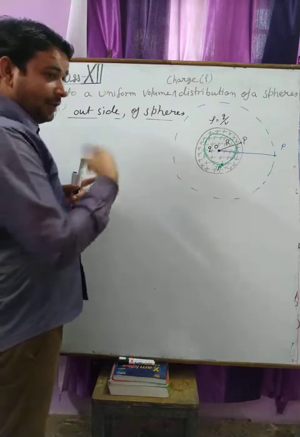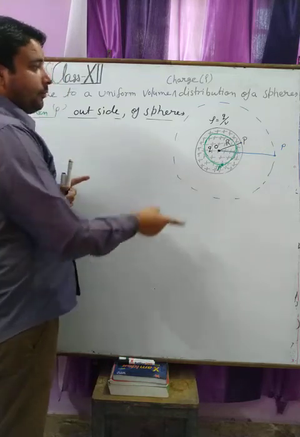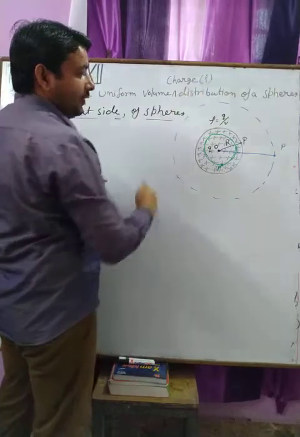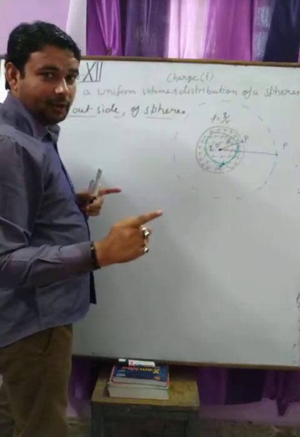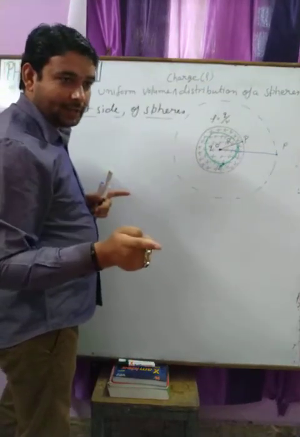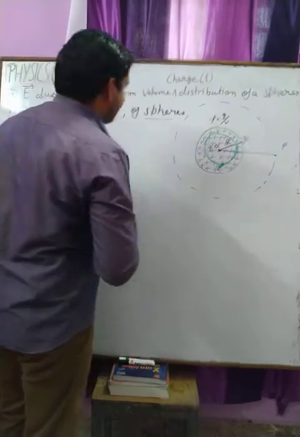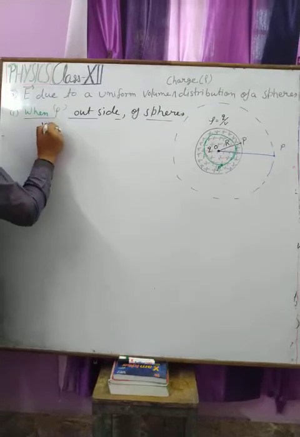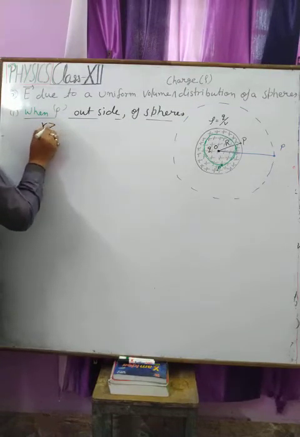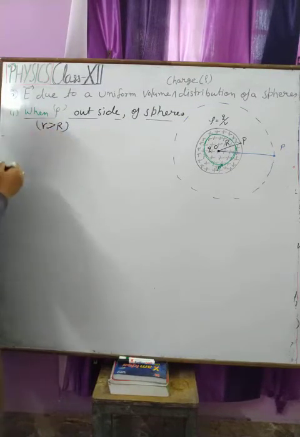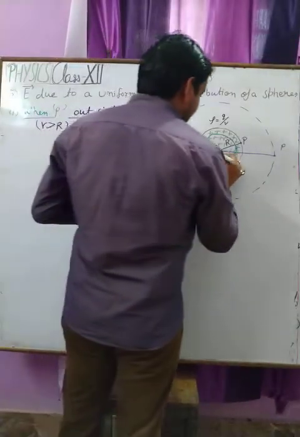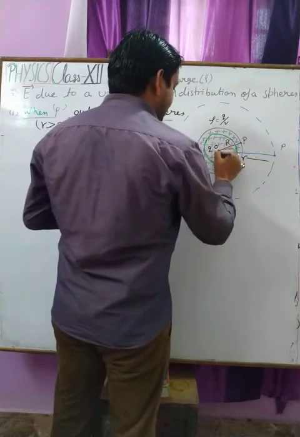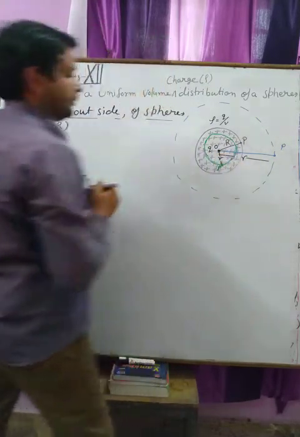So the value of electric field at all points on the imaginary Gaussian surface is equal, having angle 0 with the area vector. That is, small r is greater than capital R. This is small r.